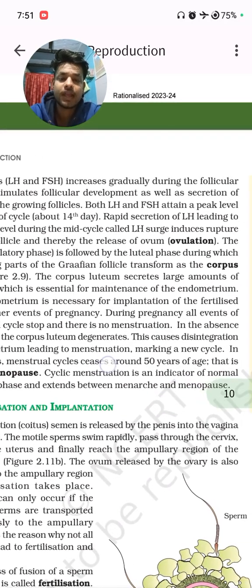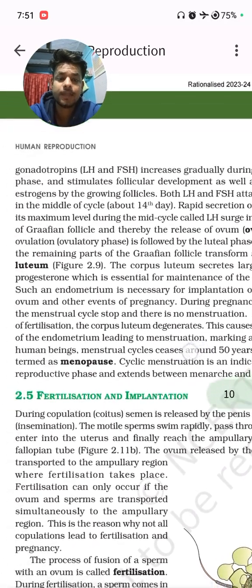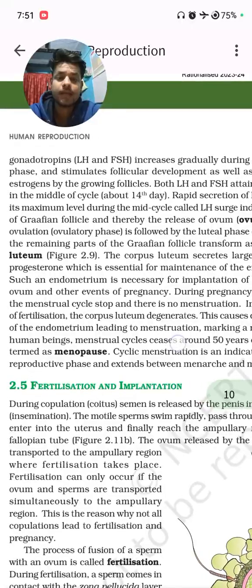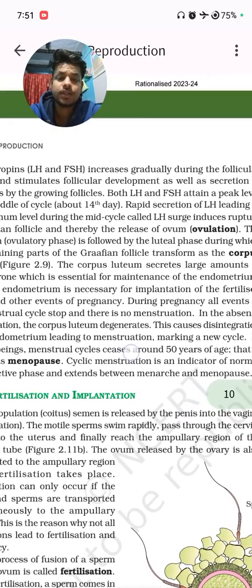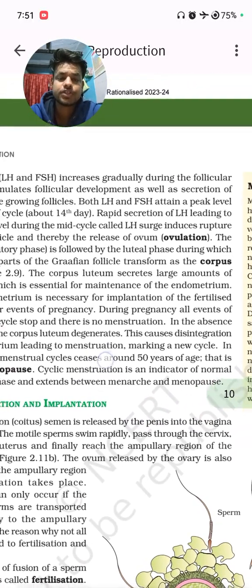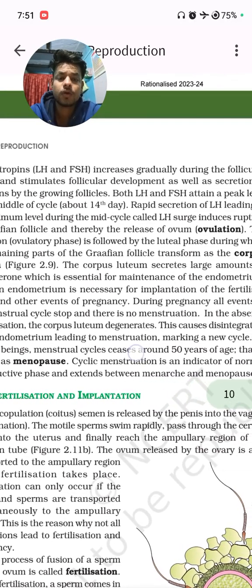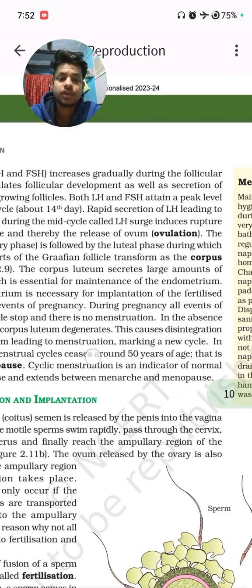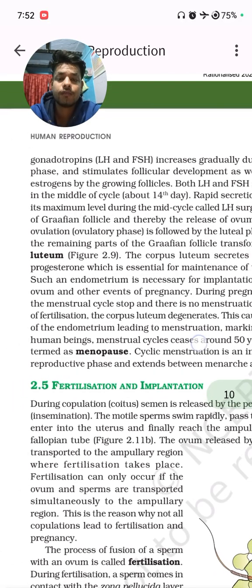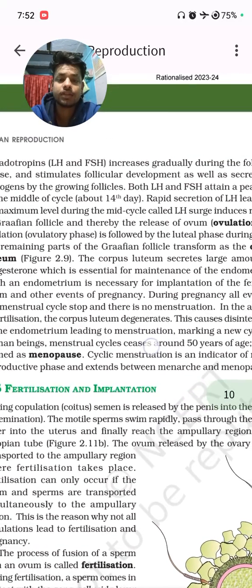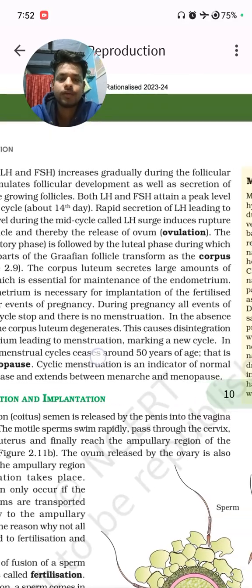Both LH and FSH attain a peak level in the middle of the cycle, about the 14th day. The rapid secretion of LH leading to its maximum level during the mid-cycle, called the LH surge, induces rupture of the Graafian follicle and thereby the release of the ovum, ovulation.